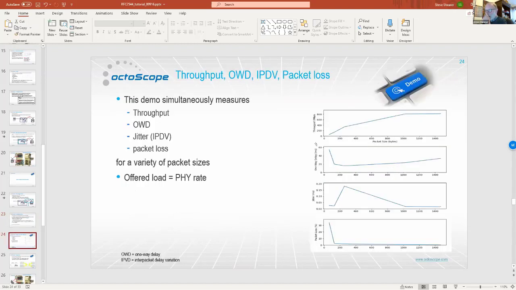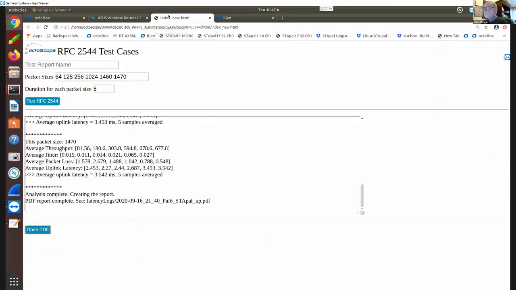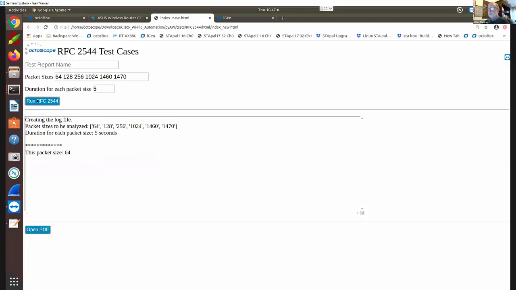So I'm going to show you a demo that takes a look at four of these key performance indicators. We're going to run it for a number of different packet sizes and see how packet size affects the performance of the system. So we'll get this going.